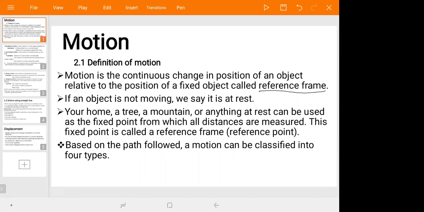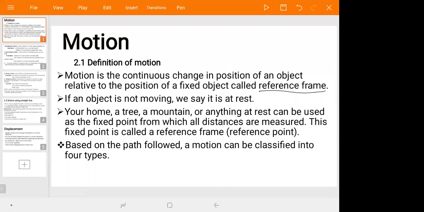For example, when you measure a distance, you must take one reference frame or one fixed point. To refer your position or your motion, you must take one reference frame. Therefore, a reference point means the fixed point from which all distances are measured.